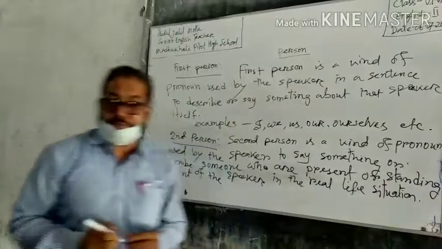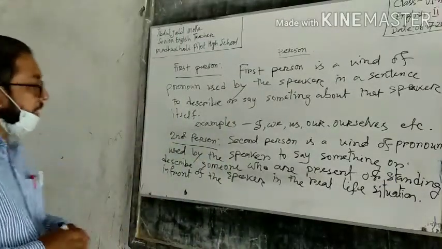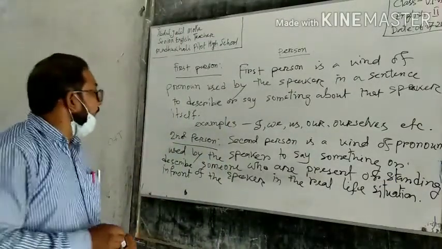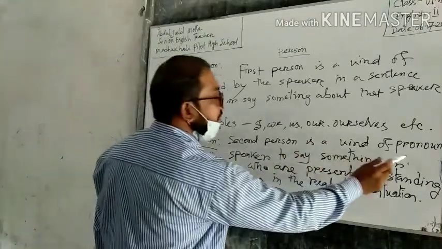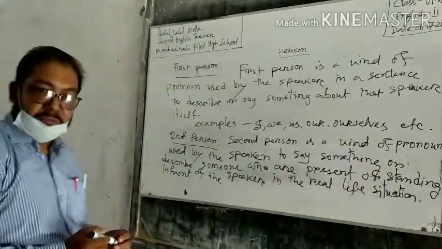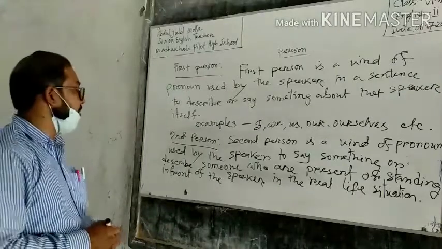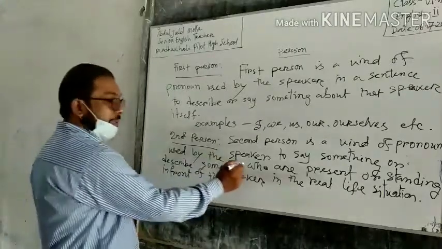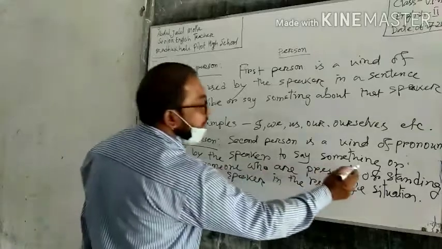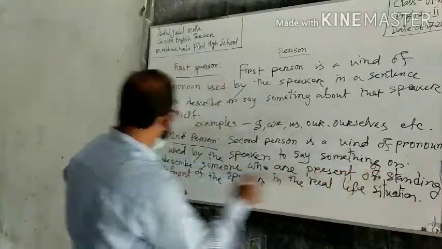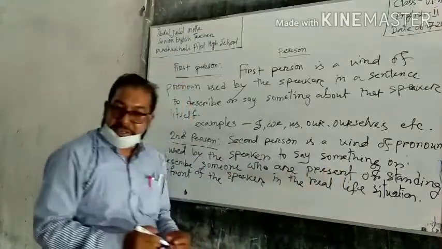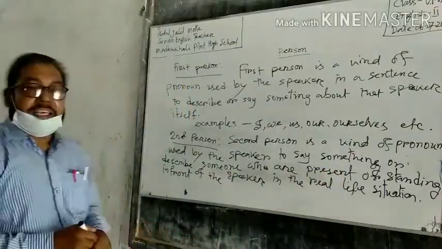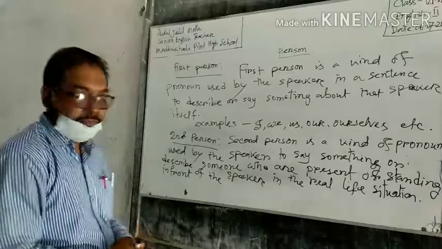Okay, my dear students, have you got the point? Is it clear? So, I am repeating the definition. Second person is a kind of pronoun. It must be a pronoun used by the speaker to say something or describe someone who is present or standing in front of the speaker in a real life situation.